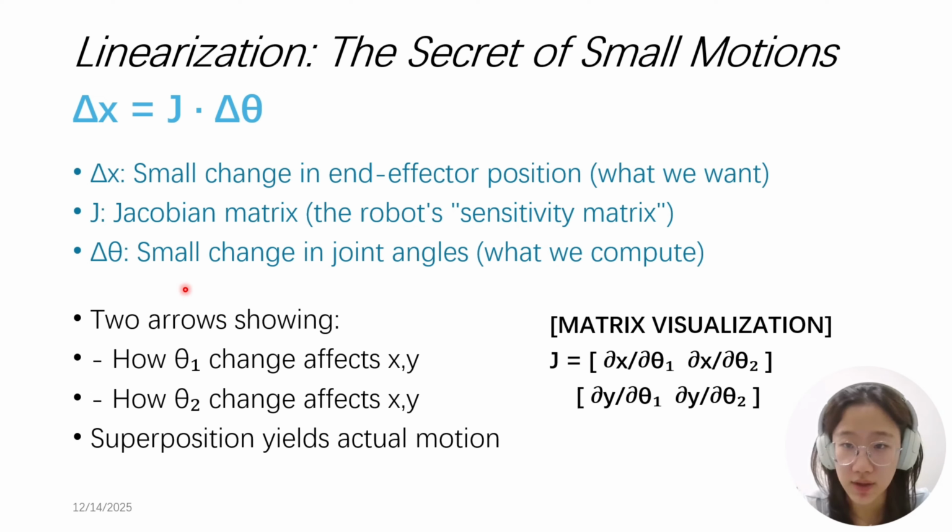The magic lies in J, the Jacobian matrix. This matrix acts as the robot's sensitivity map. It tells us if we change angle 1 slightly, how much the hand moves in x and y. By solving this linear equation, we turn a complex curve into a simple straight-line calculation.